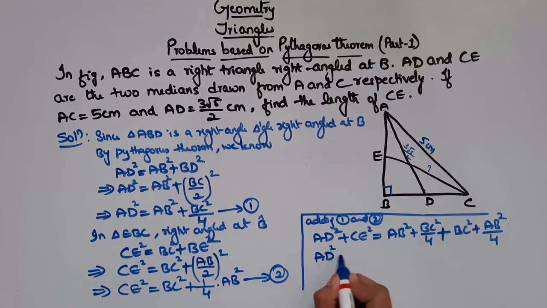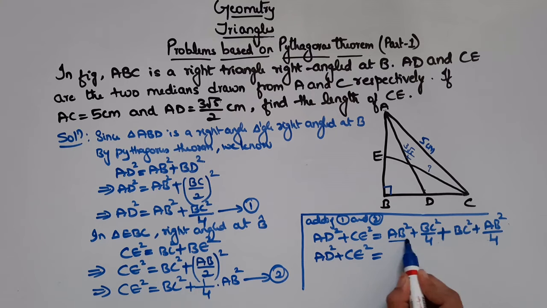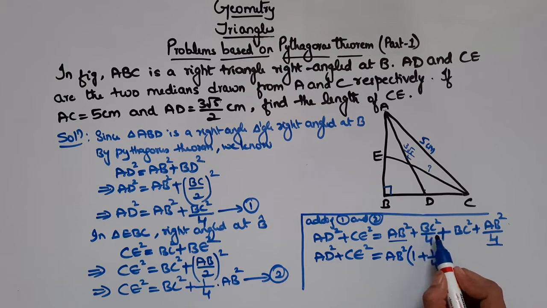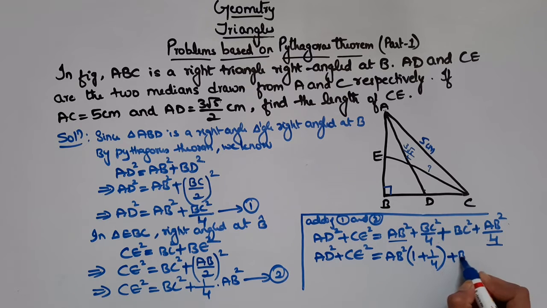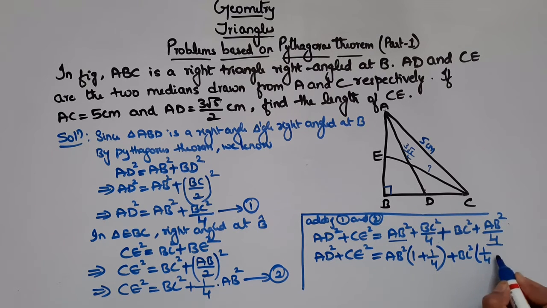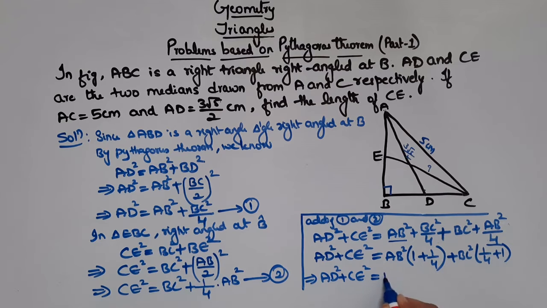Let's group AB square: AB square is common, 1 plus 1 by 4. Now BC square is common, we are left with 1 by 4 plus 1. So AD square plus CE square is equal to AB square into 5 by 4 plus BC square into 5 by 4, right?